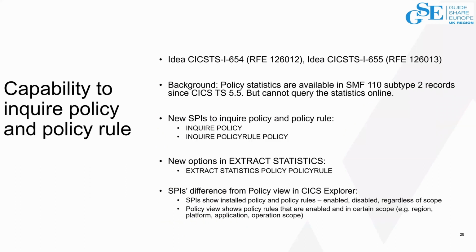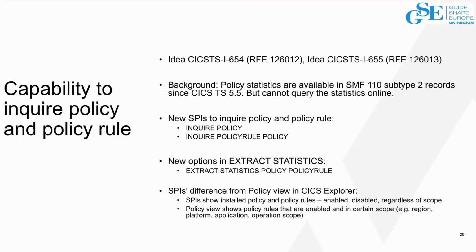So to go with those new policies, we also had some RFEs to do with reporting on policy usage. We already have policy statistics via the SMF 110 subtype 2 statistics, but you couldn't query stats online.